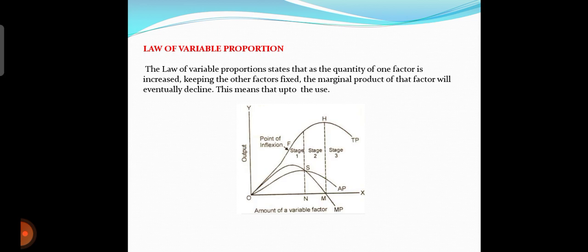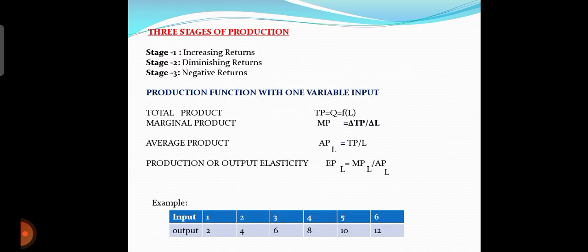So you can see the graph which represents stage 1, stage 2 and stage 3. Three stages of production. There are three stages of production, that is increasing returns, diminishing returns and negative returns.